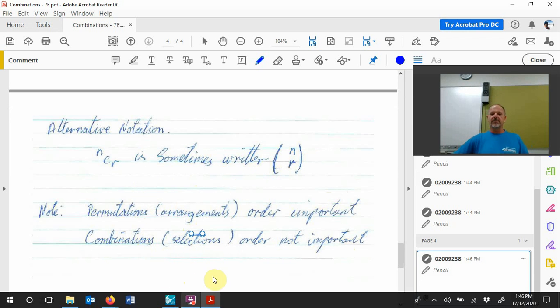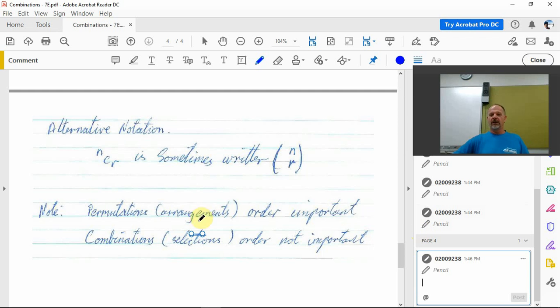They're the key things when you're looking at mixed questions as to what you need to do. Is the order important or is it not? If it's important, it's a permutation. If it's not, it's a selection.